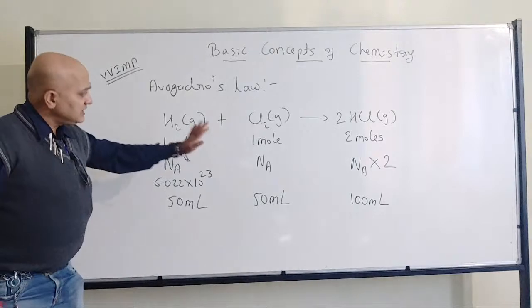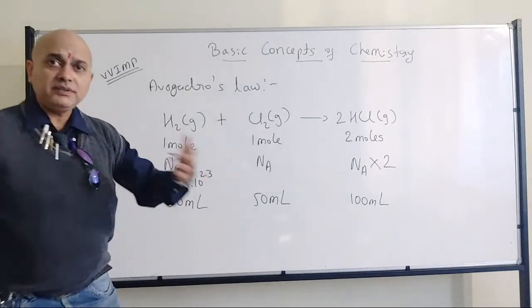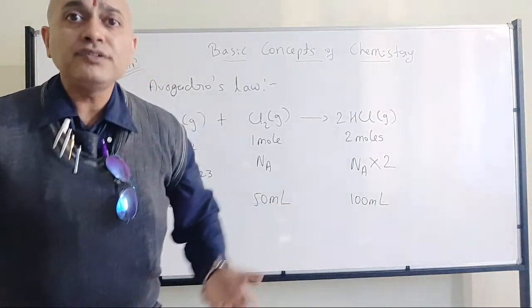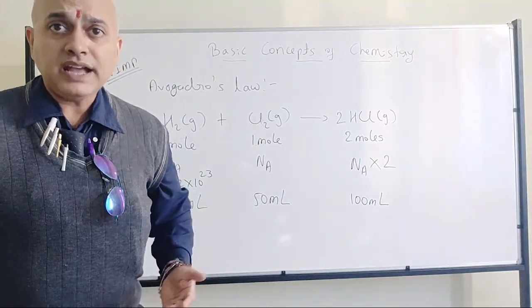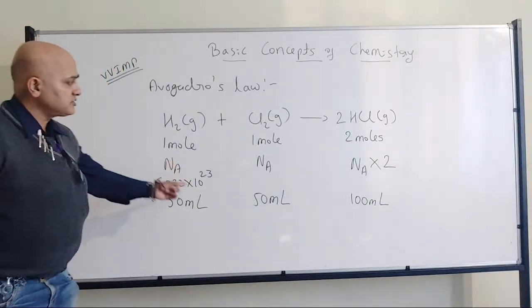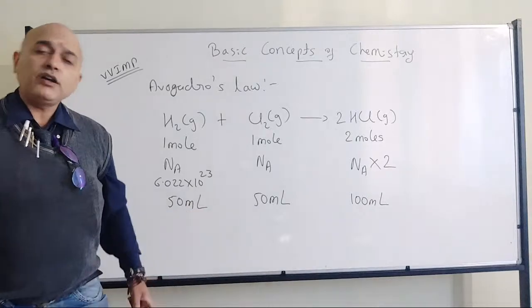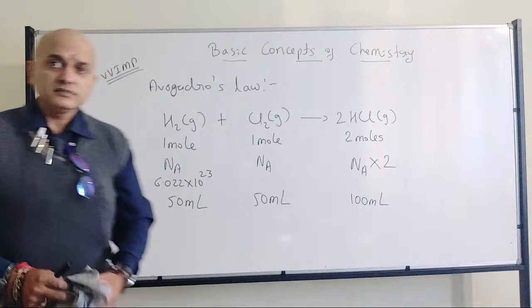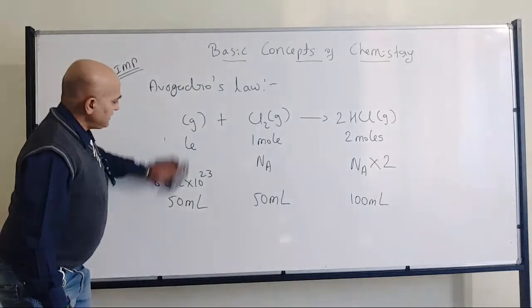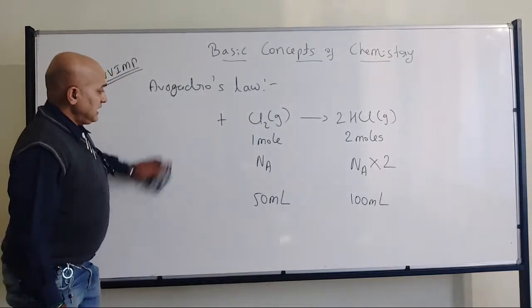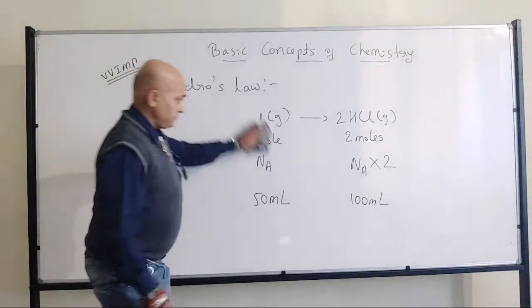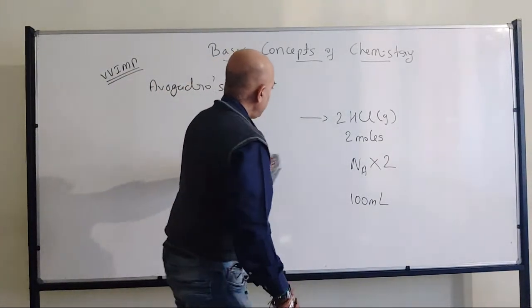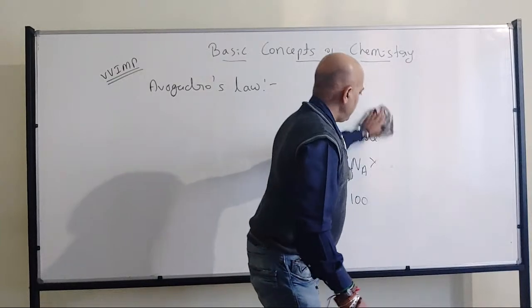Fine. Now all of you have understood what I am telling. Now I am going to define Avogadro's law. You can easily understand if you have understood this particular example. All of you have understood? Any doubt? So that's what I can tell, that when I have taken equal number of hydrogen and chlorine, they have equal volume, 50 ml.